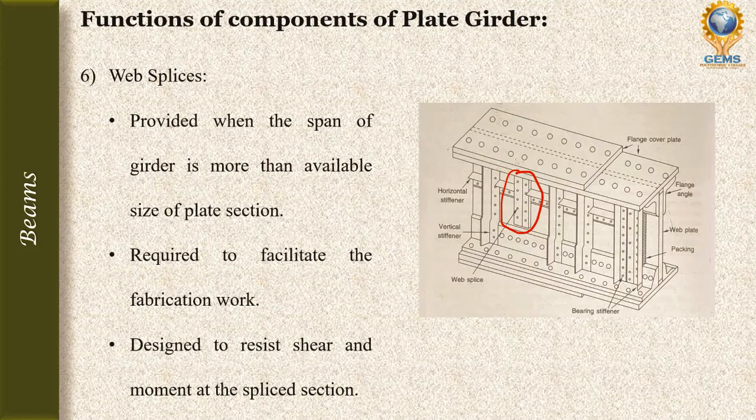These web splices may also be required to facilitate the fabrication work, to join the two members. The splices in the web plates are designed to resist shear and moment at the spliced section. This is the spliced section, and at that place it is designed to resist shear and moment at this spliced section only. This is the function of the web splices.